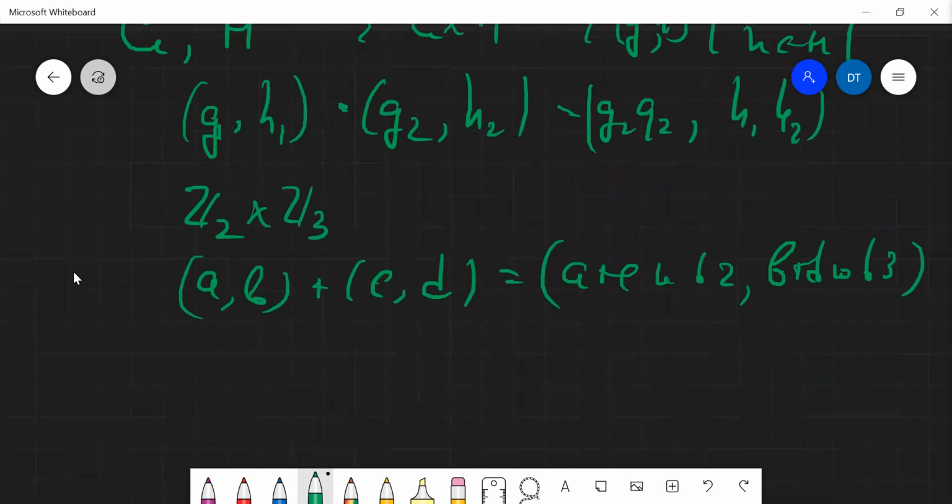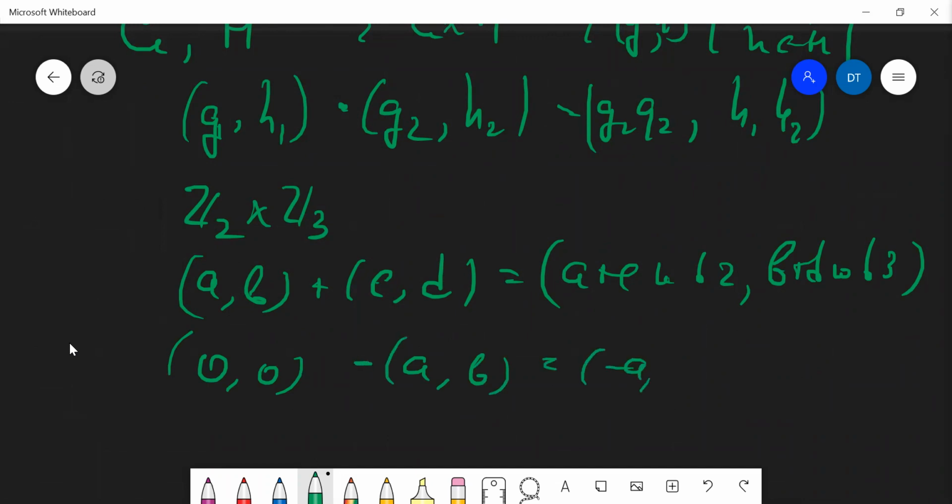Just in case, the neutral element here is the product of neutral elements, which is (0, 0), and an inverse element for (A, B) is (-A, -B), where -A is 2 minus A if A is non-zero, or just A if A is 0.